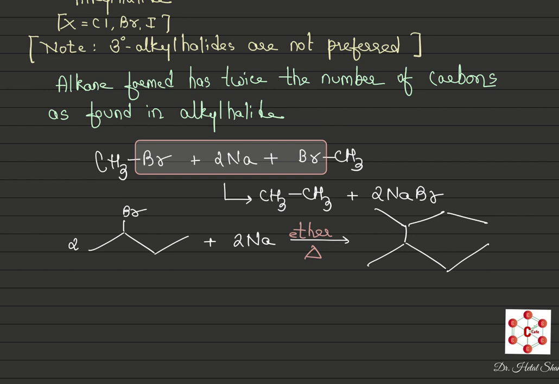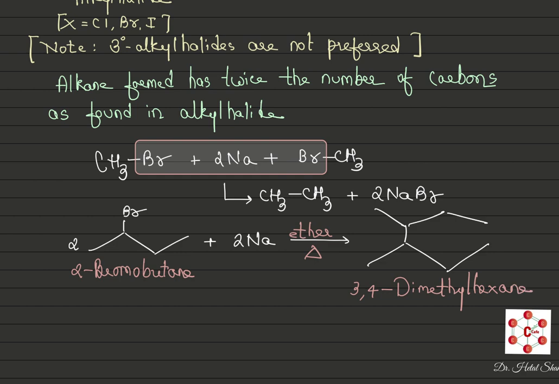Otherwise, what is this? The name is, this was 2-bromobutane, and this is like 1, 2, 3, 4, 5, 6: 3,4-dimethylhexane.